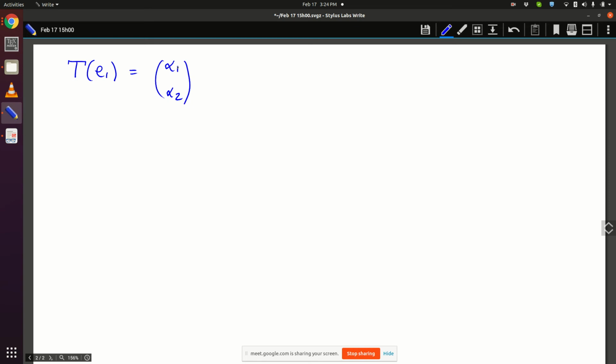This is nothing but alpha 1 E1 plus alpha 2 E2, correct? And I can ask what is T of E2 as well. Suppose T of E2 is beta 1, beta 2. My matrix equivalent for this T is alpha 1, alpha 2, beta 1, beta 2.